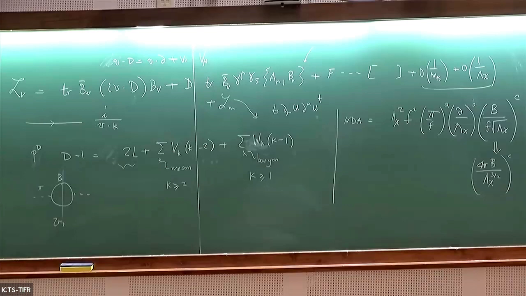So now let's do an example. So I'm going to do the pion-nucleon scattering length. So pion scattering at threshold. We already did pi-pi scattering, so this is the nucleon version.